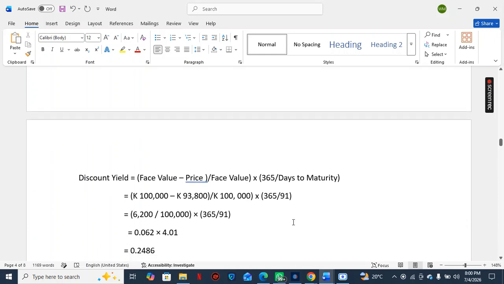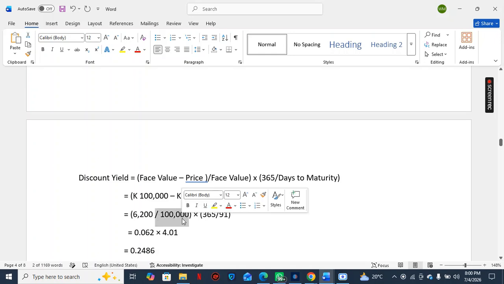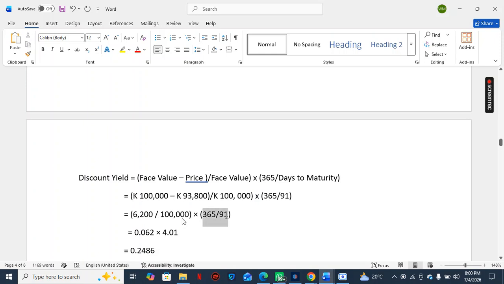Okay. So 100,000 minus 93,800, you get 6,200 over 100,000, times 365 divided by 91. So 6,200 divided by 100,000, you get 0.062. 365 divided by 91, you get 4.01.